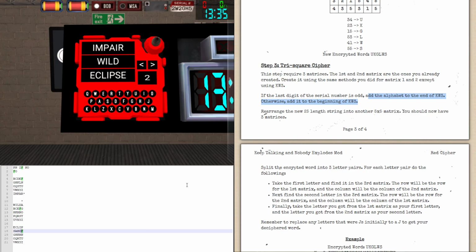So it'll be fifth column over here, and the F is second row. So that'll be here. Now I take the intersection of our first matrix. So that's going to be an R. And the intersection of our second matrix. So that's going to be a G.